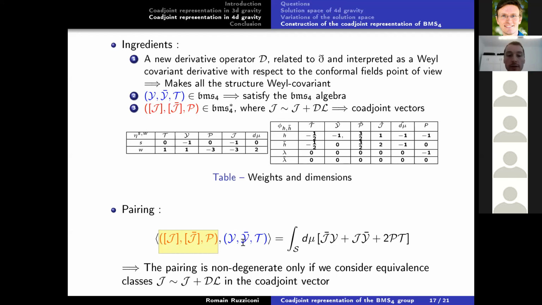What you can show is that this pairing is non-degenerate. This is the case because you are considering equivalence classes of super angular momenta. This is why I'm considering equivalence classes and not just the J themselves.